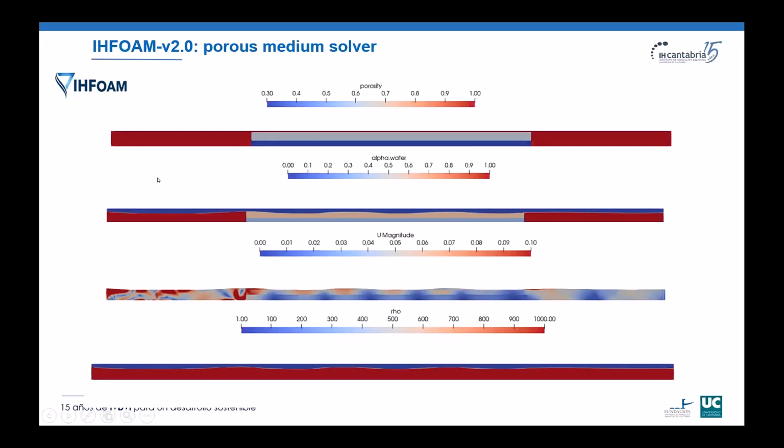Of course, outside the porous media it is between 0 and 1, because porosity is 1 outside of the porous media, and inside of those porous media it is going to be between 0 and its own porosity.